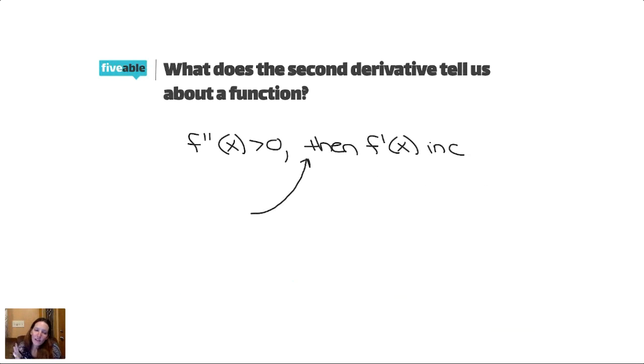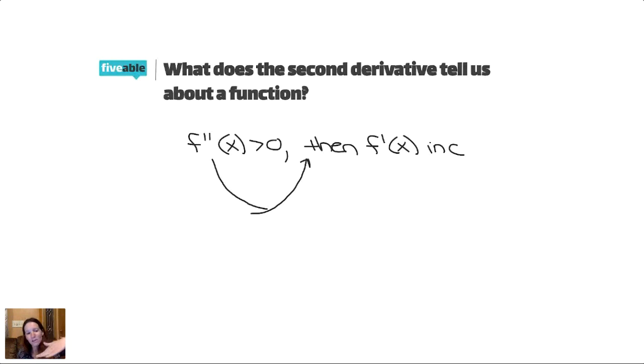The other way to think of it is a little bit harder because it's with negative numbers. If I have a negative slope, but my negative slope is increasing, that actually means kind of the opposite. Negative 10 becomes negative 3, becomes negative 1.